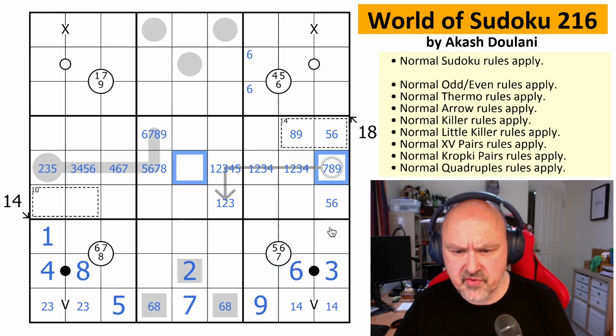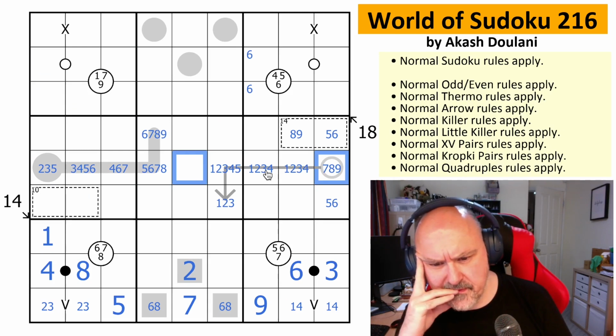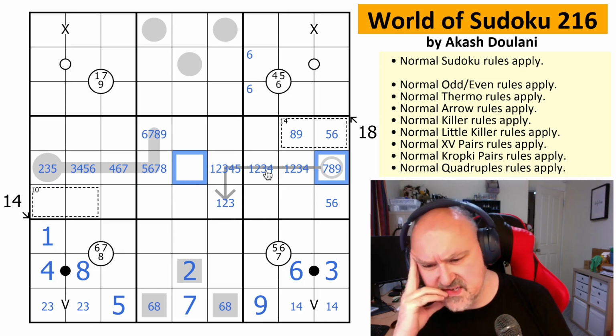Nine is in one of those two. But once I expand out, I've got lots of options. I am missing something basic.